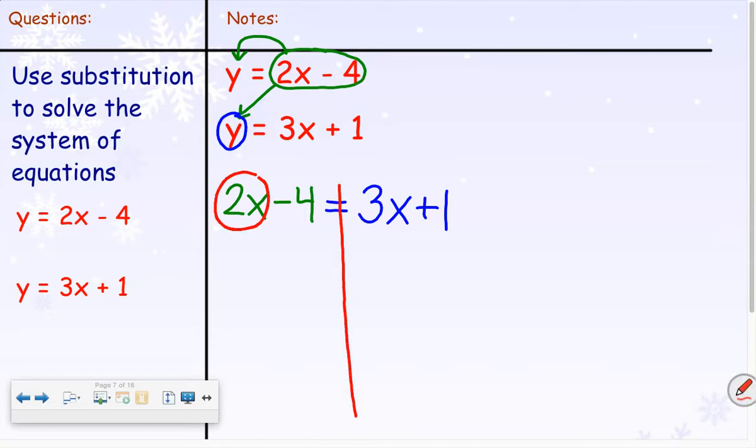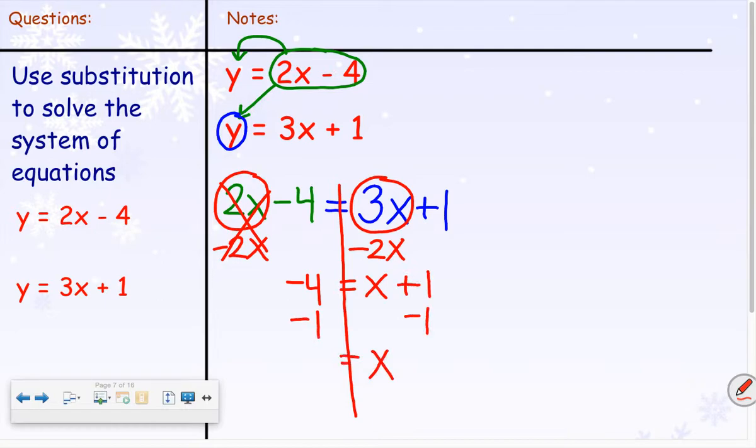Let's get our variable on the same side. Oops, negative 4, negative 1, so negative 5.